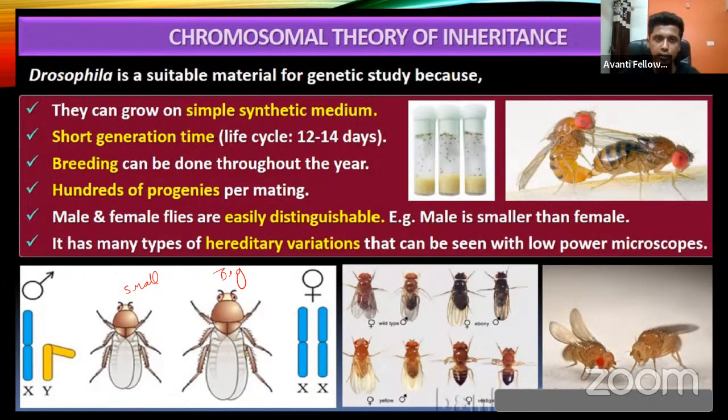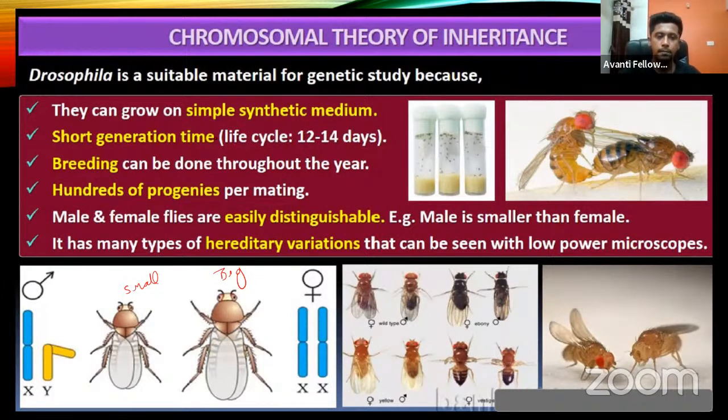The life cycle is very, very short, and it can be easily distinguished. Hundreds of offspring can be grown within a short period of time in a synthetic medium within the laboratory. So this is why Drosophila was chosen as a model organism for many genetic studies. We even call Drosophila the Cinderella of genetics.